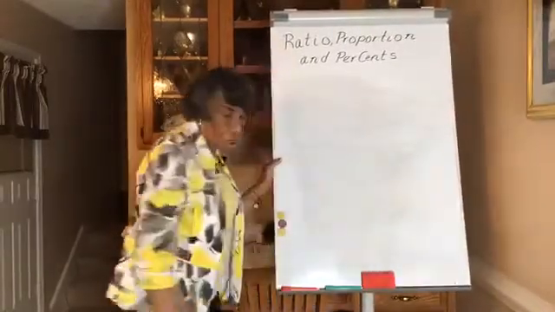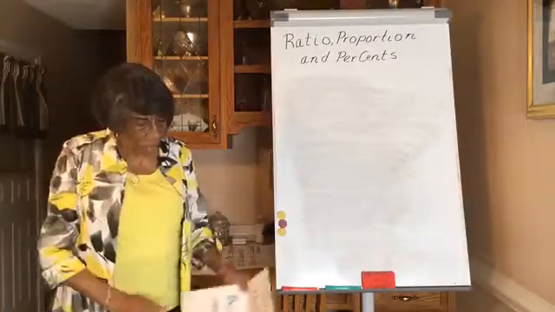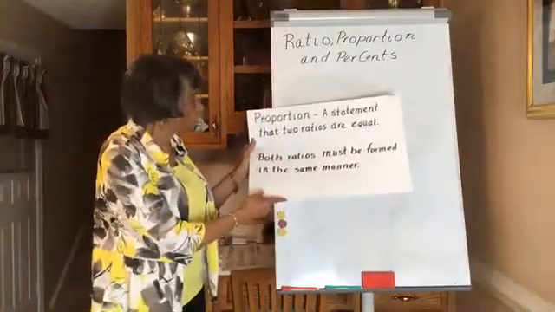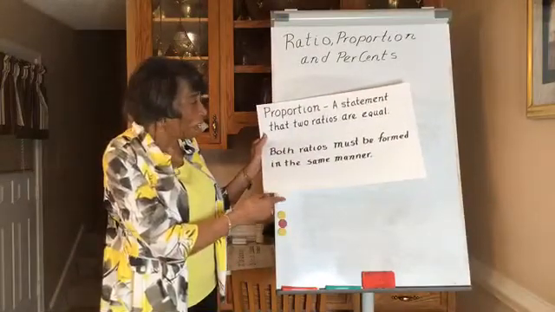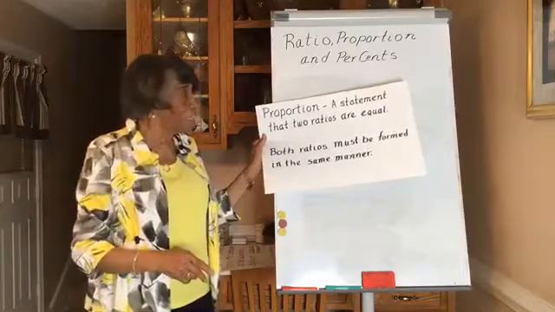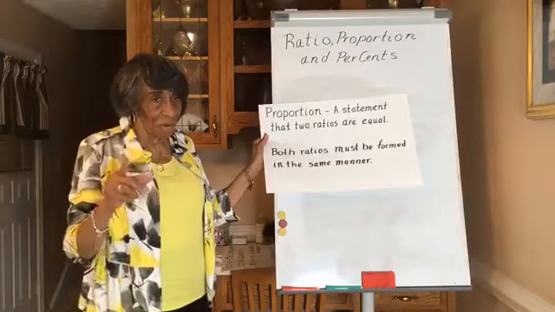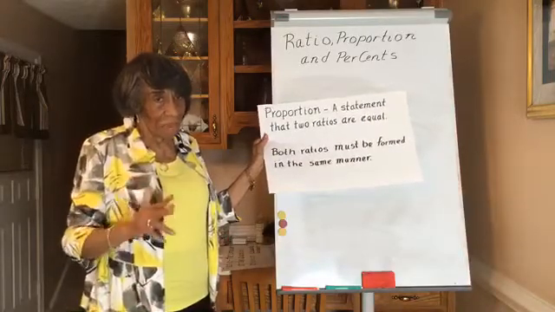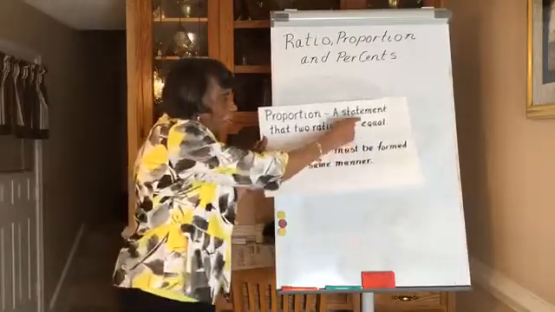All right, let's talk about proportions. A proportion is a statement that two ratios are equal. Both ratios must be formed in the same manner, and I'll explain that a little later, because if we do one way and the other the opposite, then they are not going to be equal.